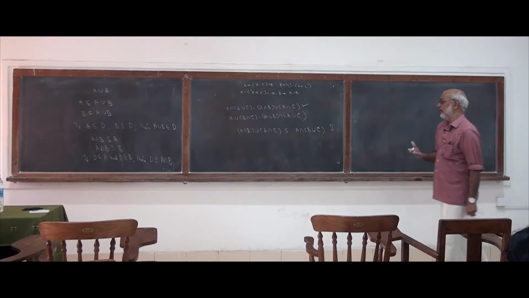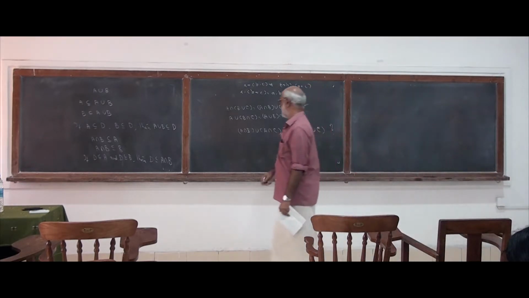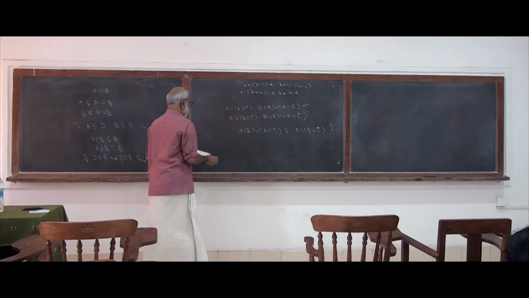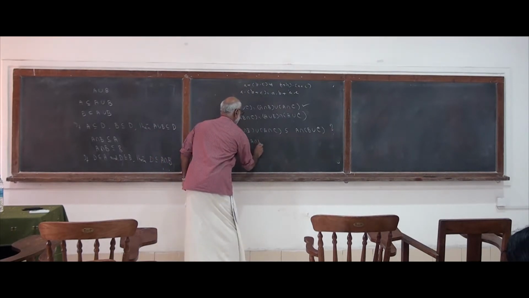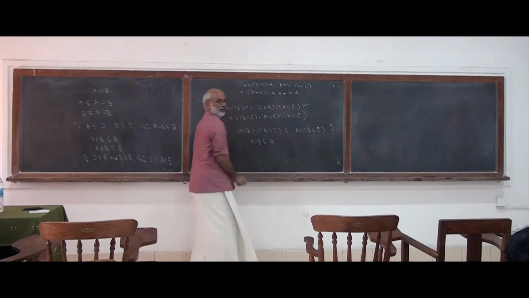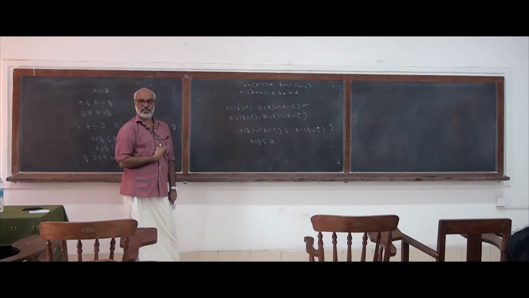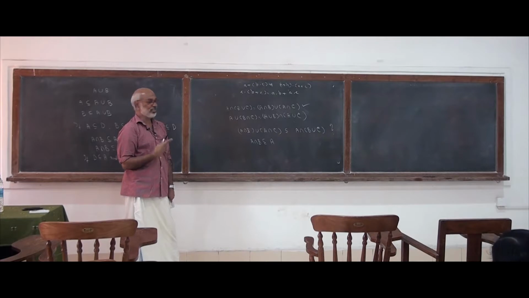But here, let me try a different approach. Here, A intersection B is a subset of A. I mentioned that earlier.